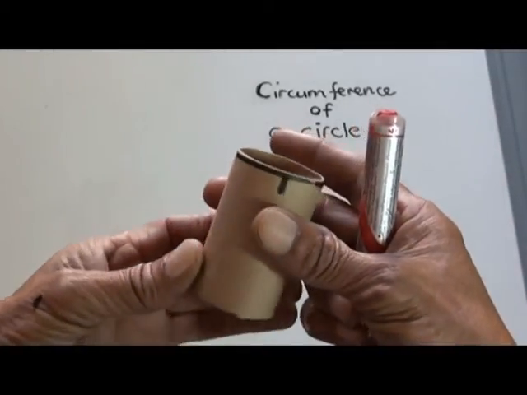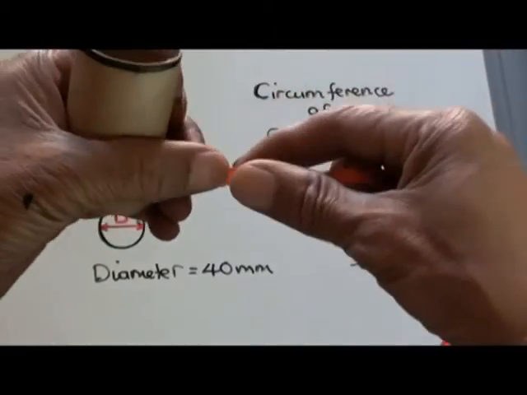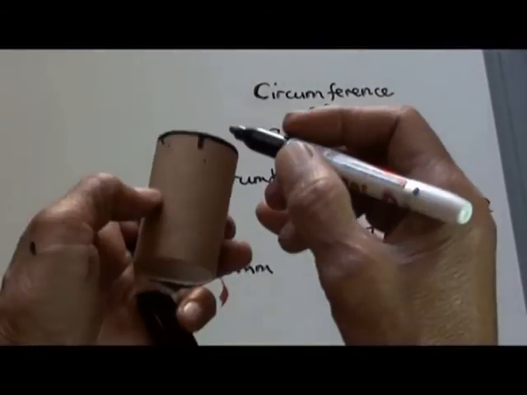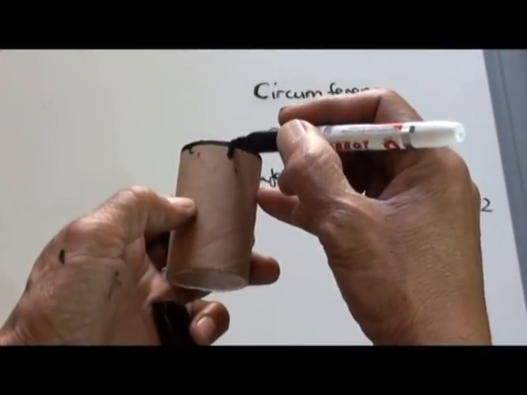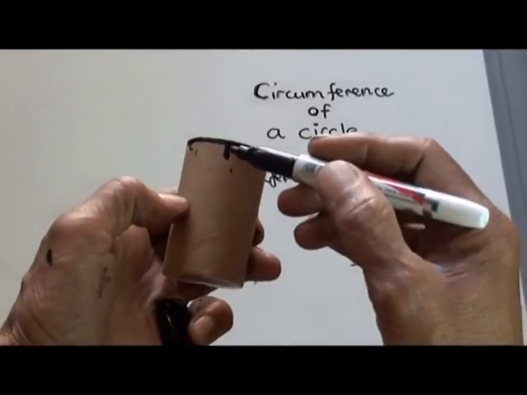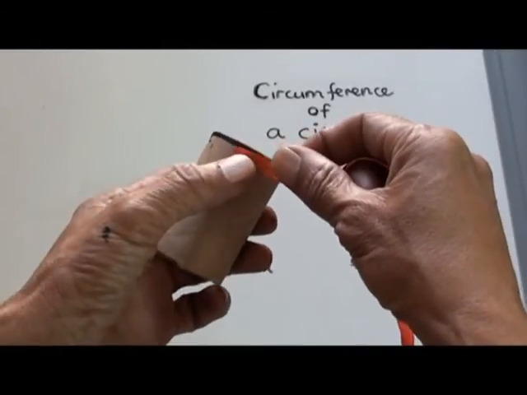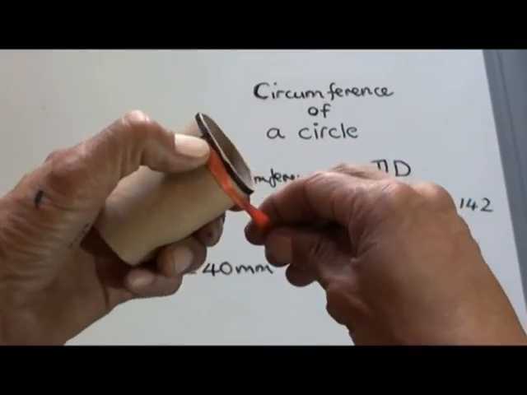This is a cylinder. And I've made a mark on the side of it, and that is going to be my starting point. I keep the string on the mark, and now I'm going around.